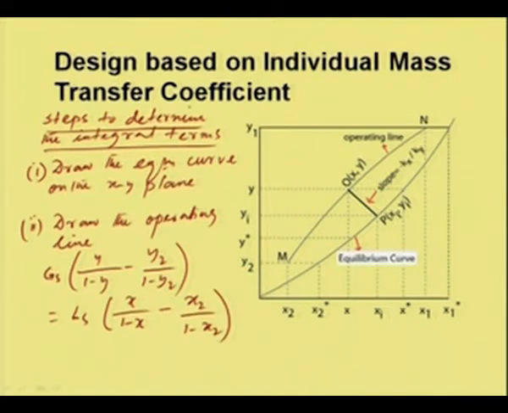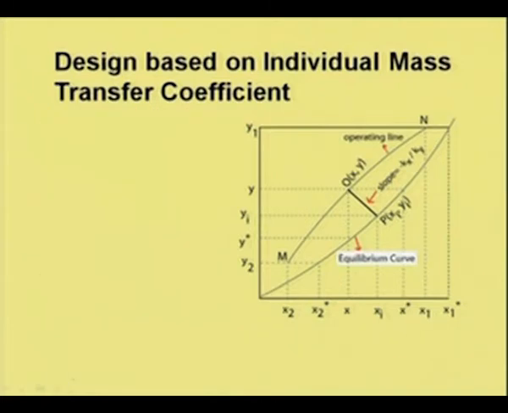So, this is the equation of the operating line. With this we can plot the operating line, and if the liquid flow rate is not given, then we can calculate the minimum liquid flow rate, and we can take a value of 1.2 to 2 times the minimum liquid rate, and we can draw the operating line.